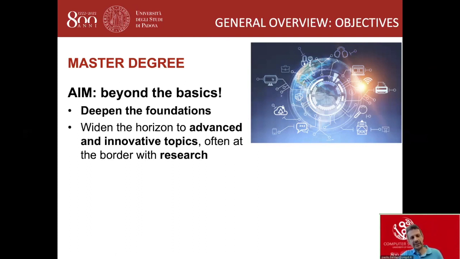And on the other hand, differently from the bachelor, the idea is to widen the horizon by tackling advanced and innovative topics, which are often at the border and sometimes totally within the world of research.